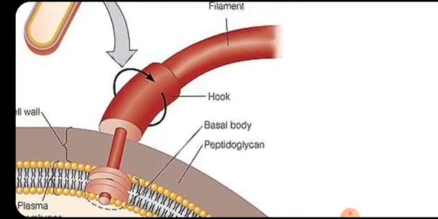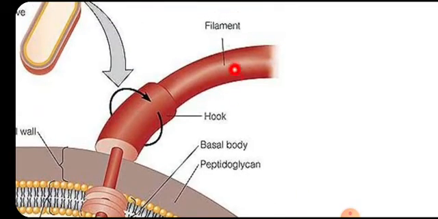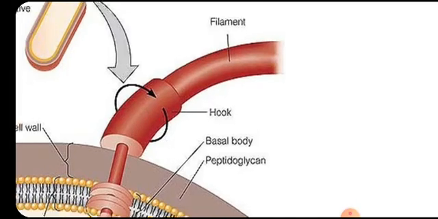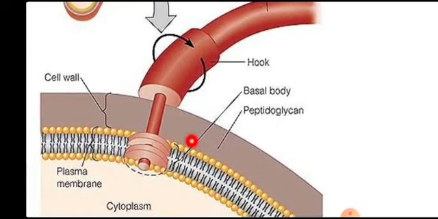This is another view. We can see that this is the filament, then this is hook, this is the central rod and rings which form a basal body. So these rings are present in peptidoglycan here, and another one is bound to the plasma membrane.